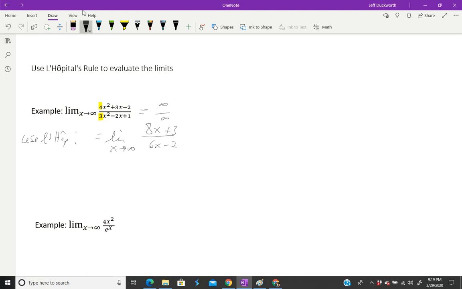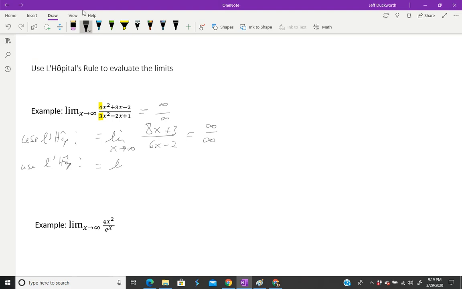So the derivative of 4x squared plus 3x minus 2: the derivative of 4x squared is 8x, the derivative of 3x is just 3, and the derivative of negative 2 is 0. In similar fashion, we're going to take just a general derivative of the bottom. No quotient rule involved. So this still equals infinity over infinity. So we use L'Hopital's again.